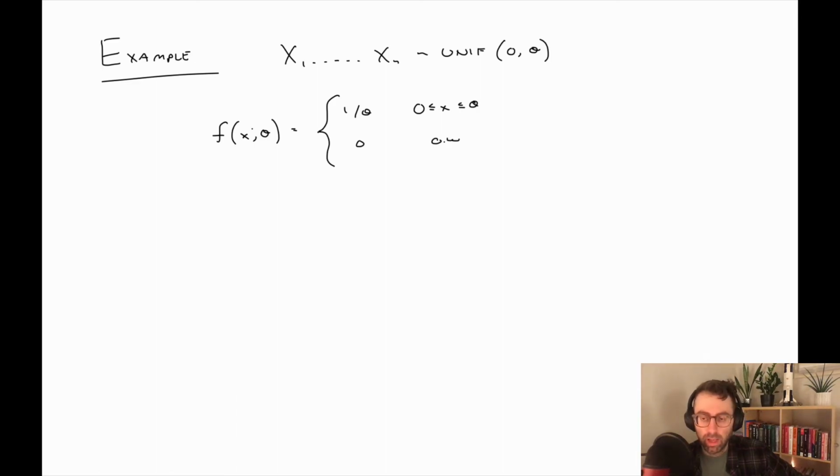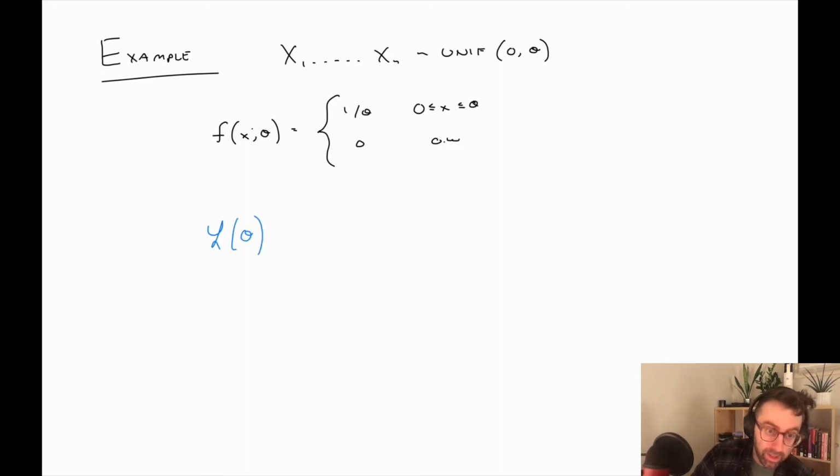So I think intuitively most folks would guess the answer here, which is that the maximum likelihood estimator is just going to be the maximum of the data. Let's go through this carefully. So it turns out that the likelihood here is going to be something like this.